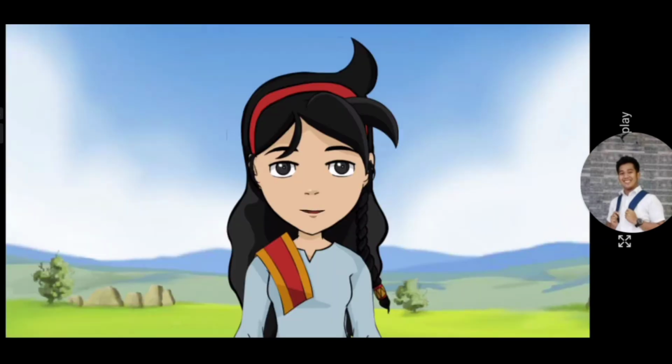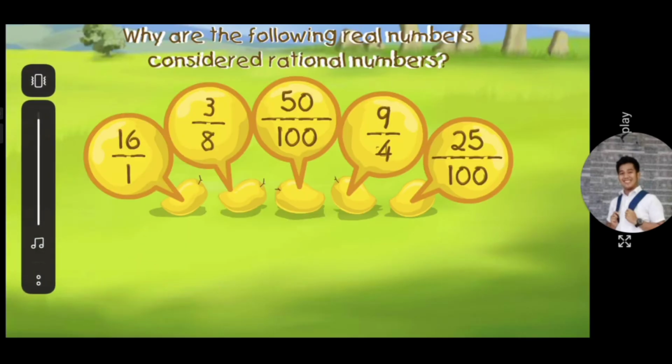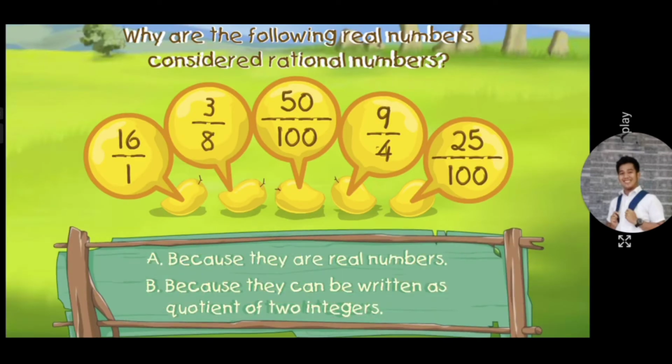Next, Tala is sending her gratitude for your help. So why are the following real numbers considered rational numbers? A, because they are real numbers. B, because they can be written as a quotient of two integers. So what is your answer? Is it A or is it letter B?